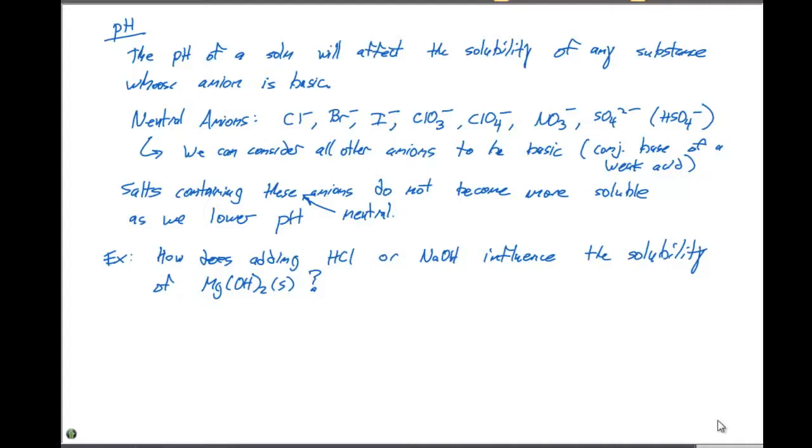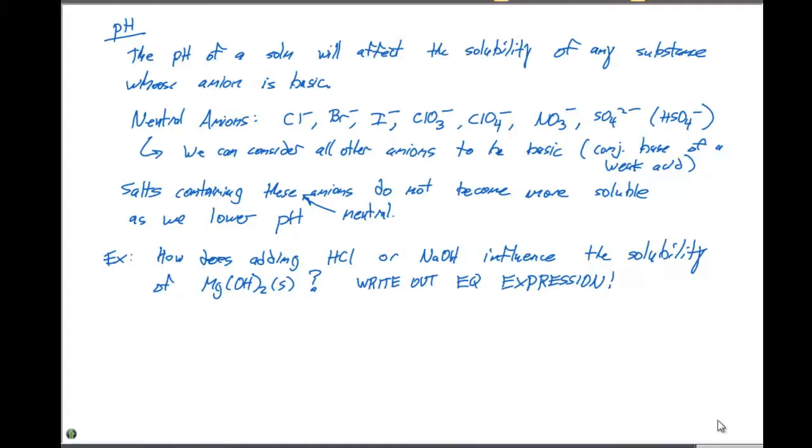One of the things that I'm really going to emphasize, and I'm going to write this in big letters, is we need to write out the equilibrium expression. This is very, very important in terms of understanding what's going on at the molecular level.